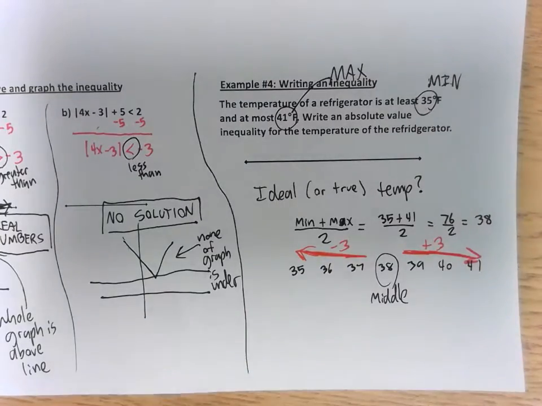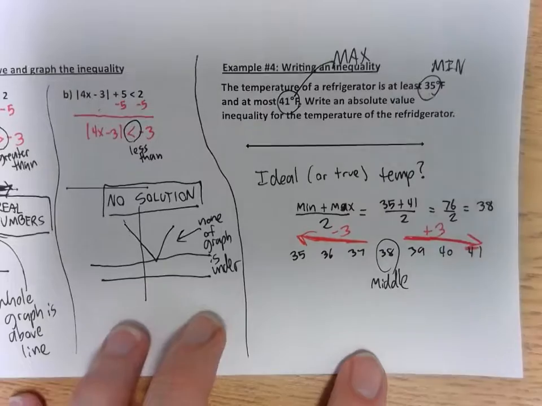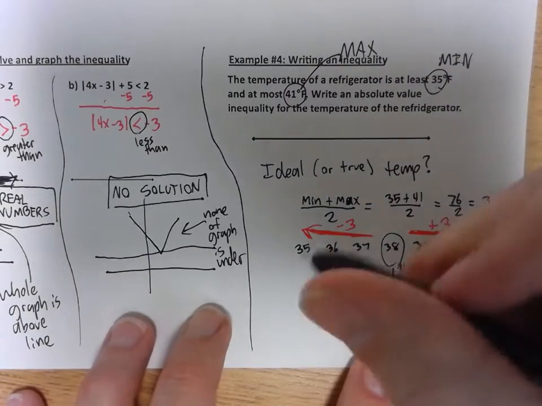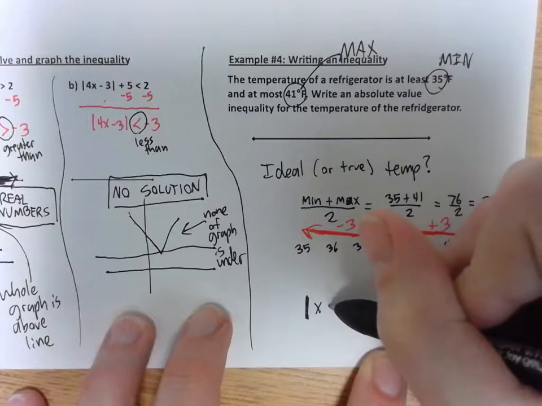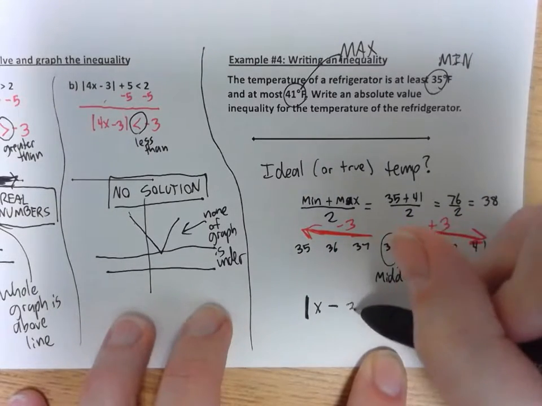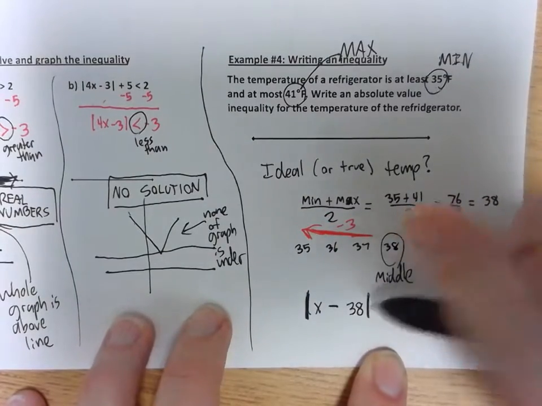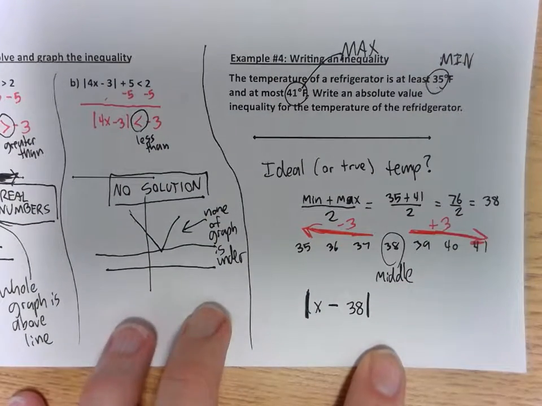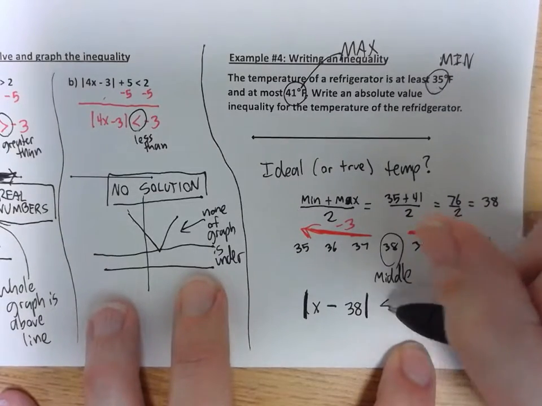So the numbers that I'm going to focus on are 38 and 3, okay? That absolute value inequality would look something like this. It's going to say absolute value of x minus 38, and that number has to be no greater than 3. So I'm going to say less than or equal to 3.